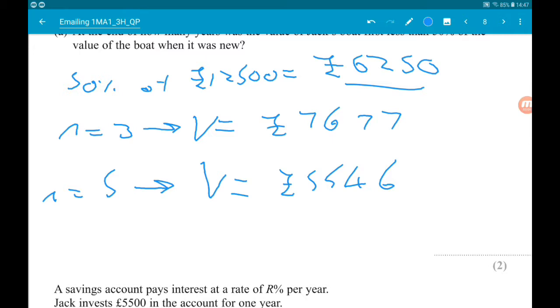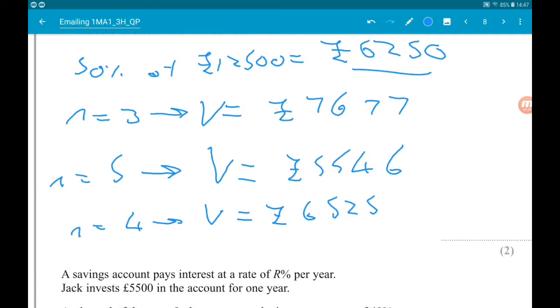So n equals 4 gives me V is 6,525. So that is more than 50% of the original price. So the answer is n equals 5.